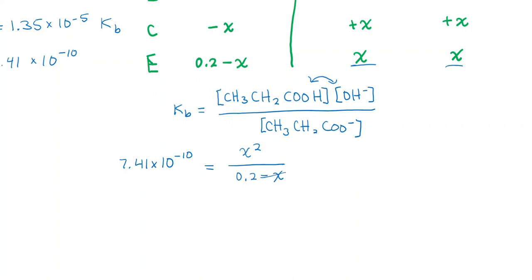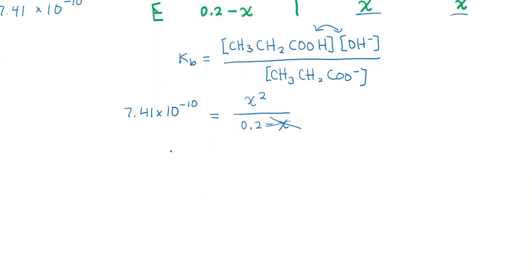And then we can also get rid of this x because we assume that the 5% rule is in place. If you're not sure about this, you can also just calculate the 5% rule really quickly on the side. But usually the questions will let you just cross out x. So if we solve this, x equals 1.217 times 10 to the minus 5.